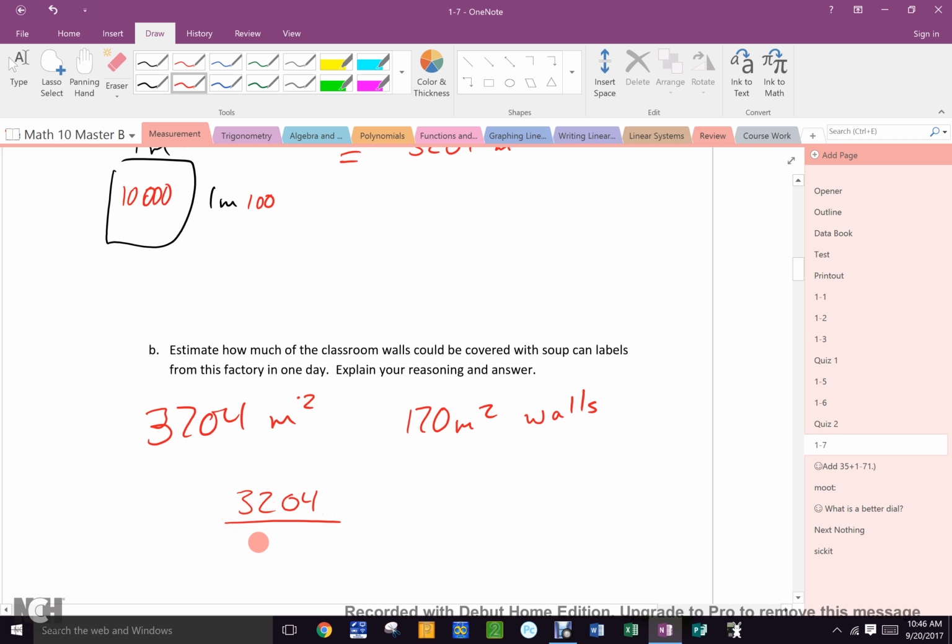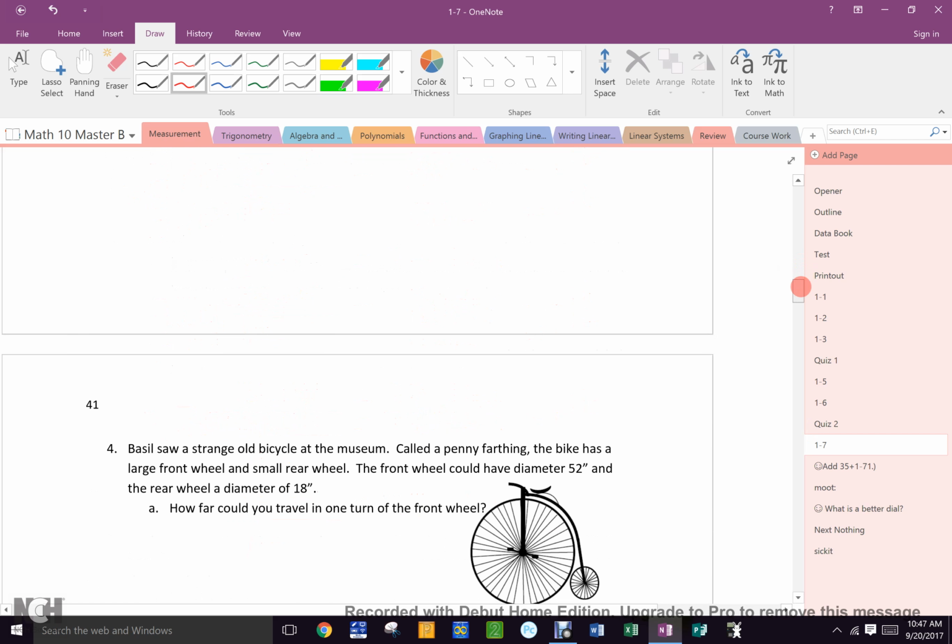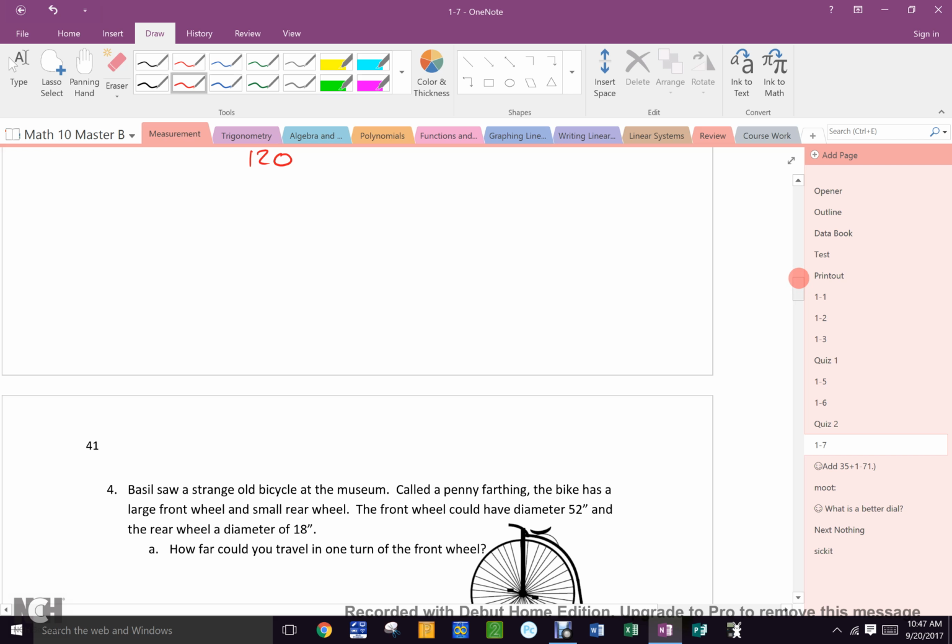Because we need to find out how many. I have paper, and I'm covering the walls, right? Paper per walls. And I get 27 times. I could take the factory's paper and wallpaper my walls 27 times. And that's probably as far as anyone's gotten, yes?